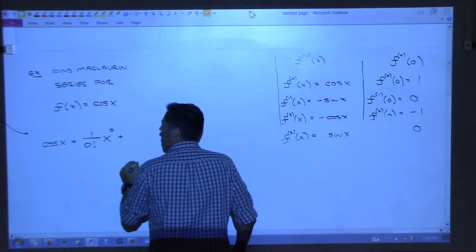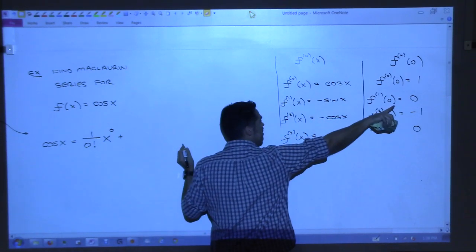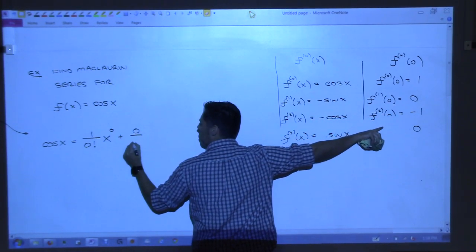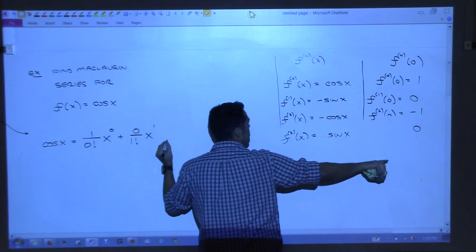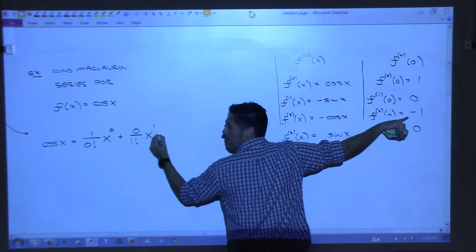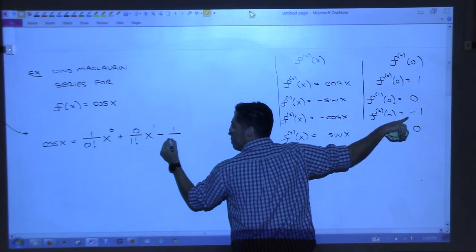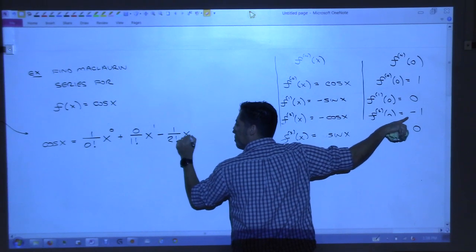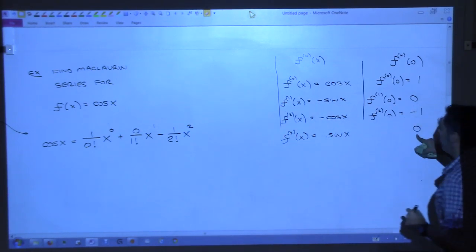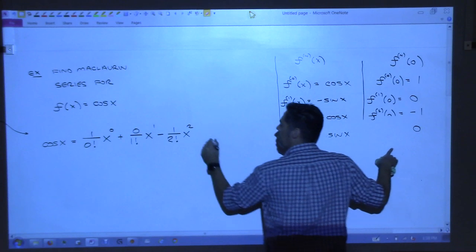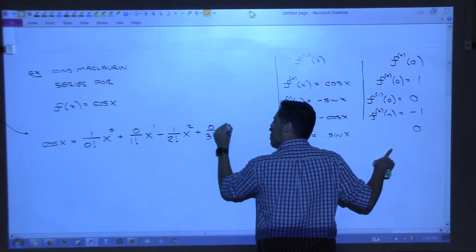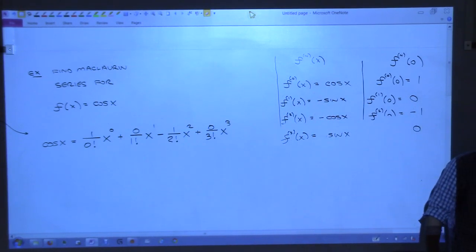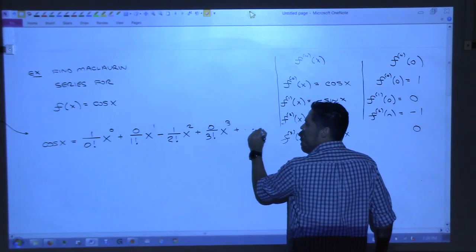Plus, now go to the next number, 0 over 1 factorial x to the first. Next one, negative 1. So can I put minus 1 over 2 factorial x squared? And then one more, and then it's going to start repeating. So plus 0 over 3 factorial x cubed. And now it's going to start repeating itself. I don't think I'm going to write any more down. Can I just say dot, dot, dot?